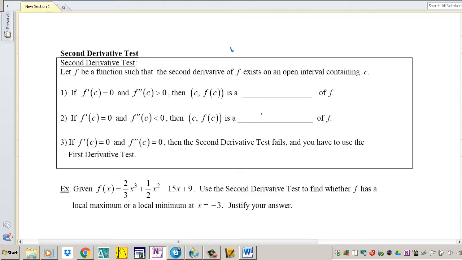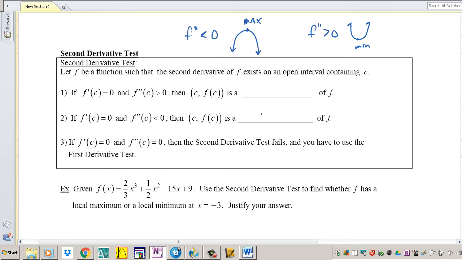Concave down, you're more than likely to have a max, which means the second derivative must be negative because it's concave down. Concave up, you're more than likely to have a minimum, and that means the second derivative must be positive because it's concave up. So let's complete the second derivative test here.